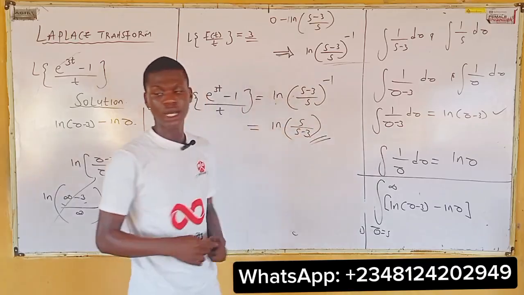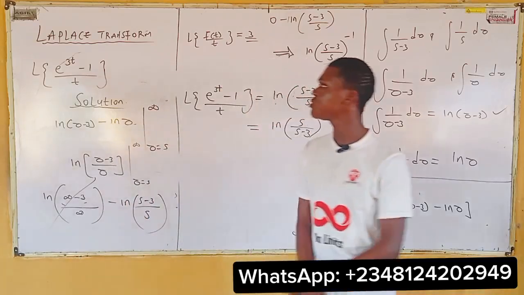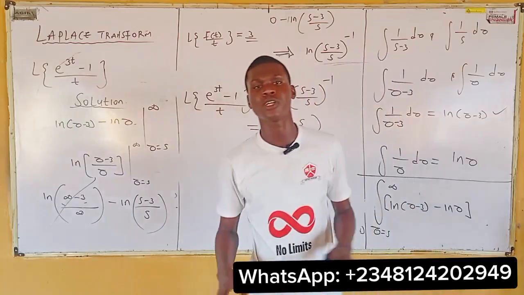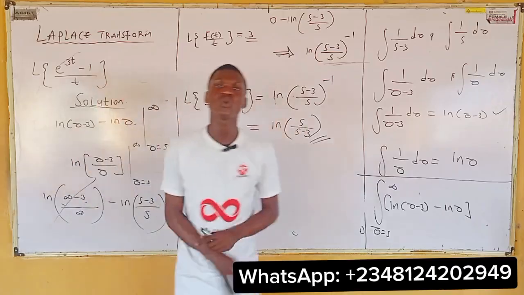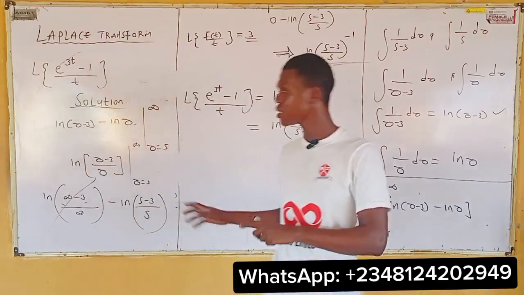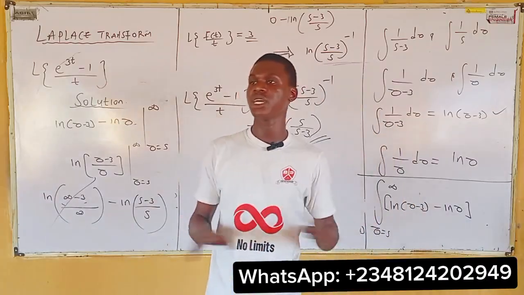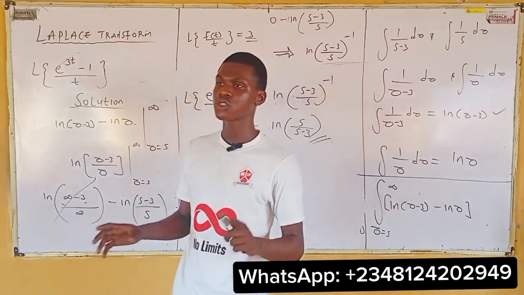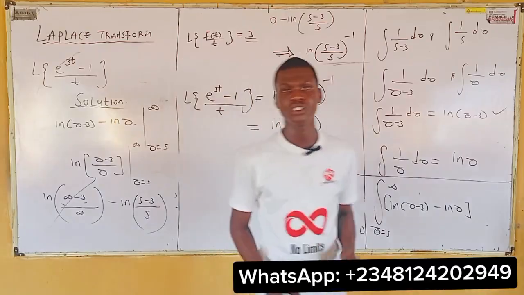So this is your final answer for that given question. Applying these same steps to any given question under the dividing by t theorem, it works anytime. This is how you solve questions on Laplace transform regarding the dividing by t theorem.